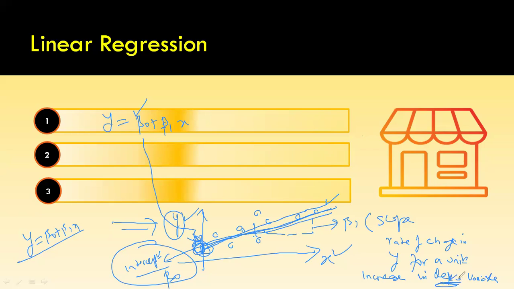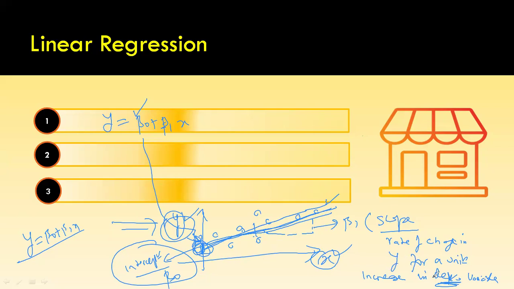I just abbreviated because here we don't have space. So slope is nothing but the rate of change in y when there is a 1 unit increase in x.